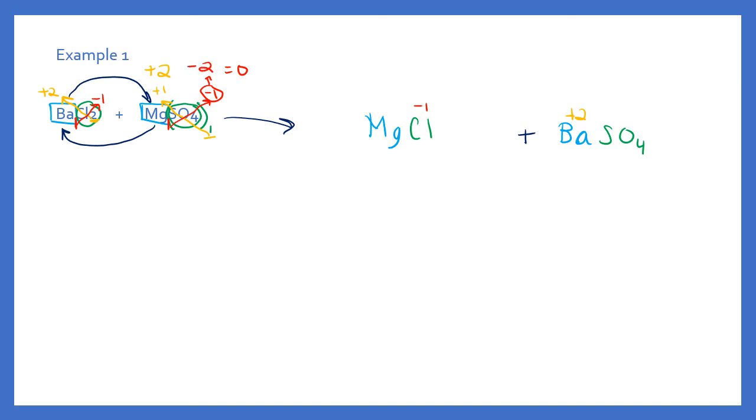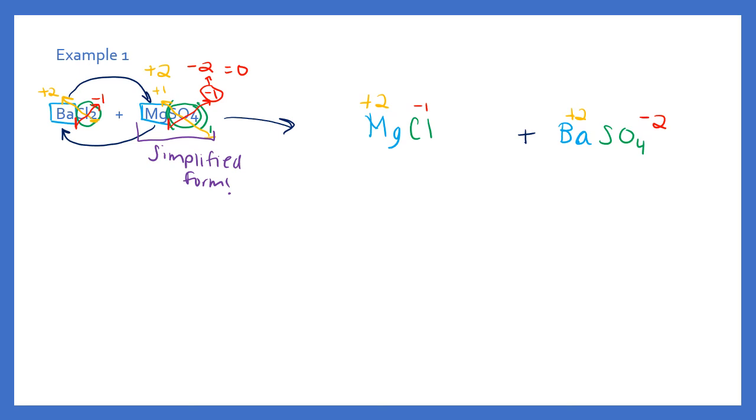This MgSO4 is a simplified form. So we need to recognize that Mg on the periodic table is a +2 charge, which means that SO4 needs to be a -2 charge. So Mg takes a +2 charge, and SO4 actually is a -2 charge.